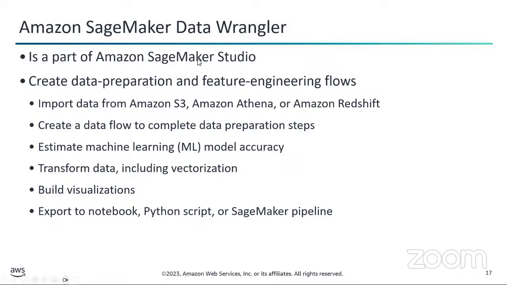And then they converted it into basically an IDE, an integrated development environment, for full-fledged development of artificial intelligence, machine learning, and NLP projects, and they call it SageMaker Studio. In SageMaker Studio, there's a very powerful companion called Data Wrangler, which is used for data preparation and feature engineering flows.